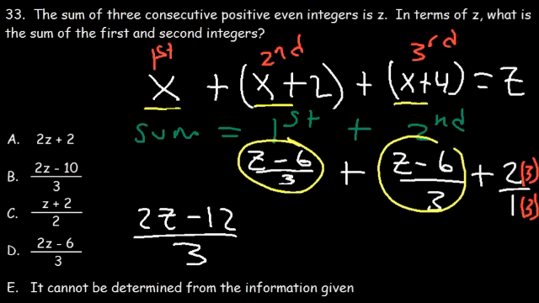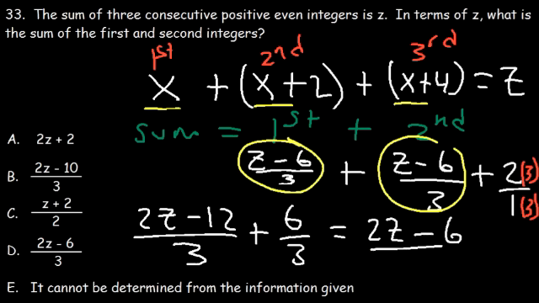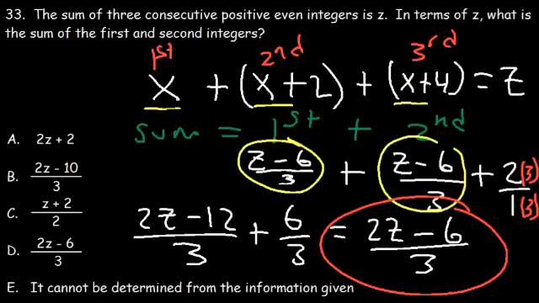So then this is going to be plus 6 divided by 3. Now we can add the numerators. So it's going to be 2z, and then negative 12 plus 6 is negative 6, divided by 3. So this is the sum of the first and second integers in terms of z. So therefore, D is the right answer to this problem.